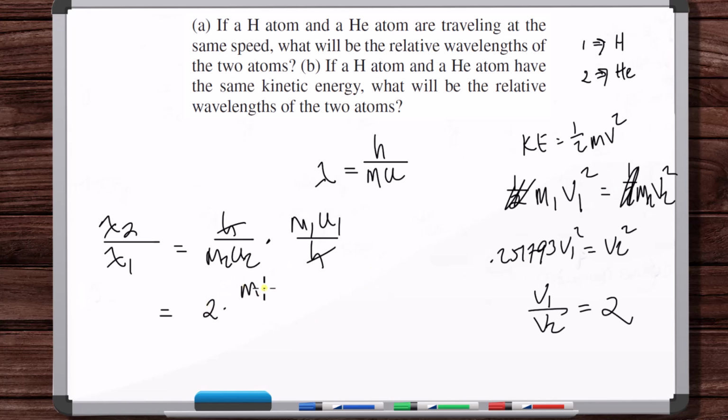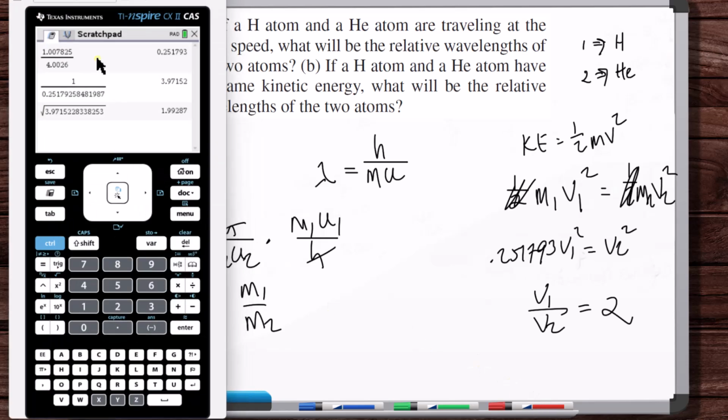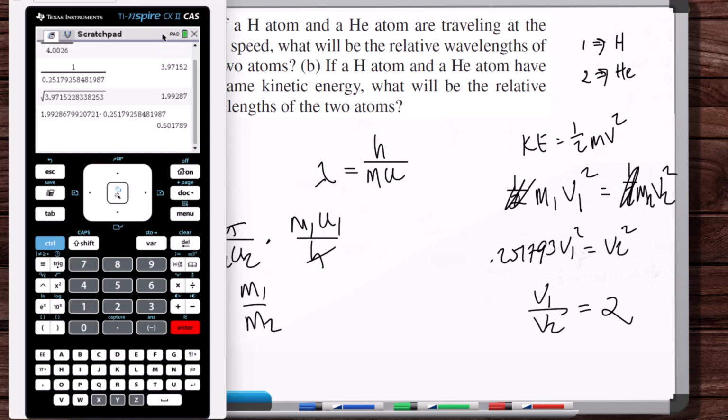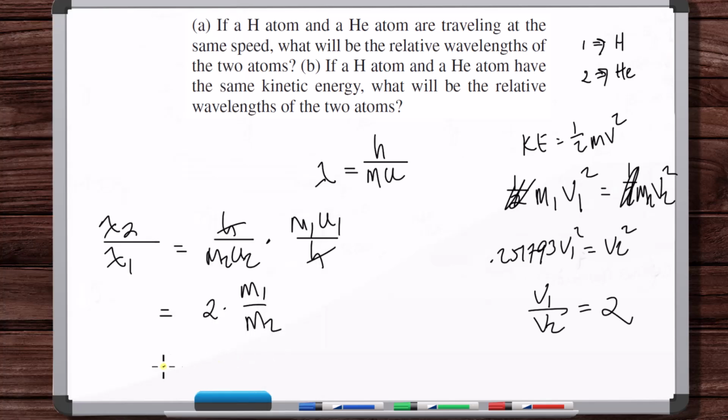So 2 times m1 over m2, which is 0.5. So now to make this a whole number, lambda 1 divided by lambda 2 is 2.